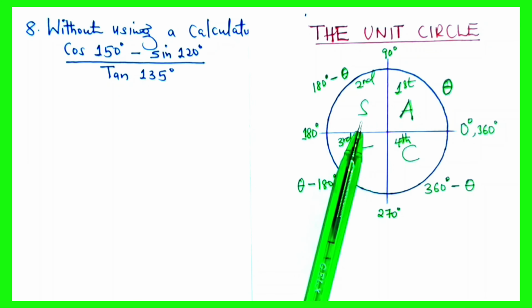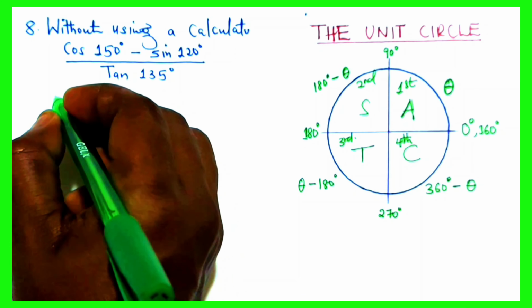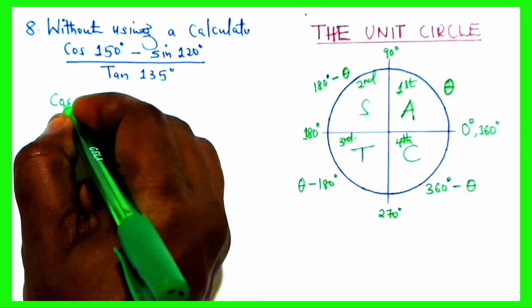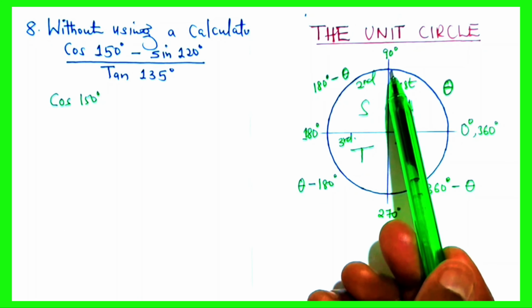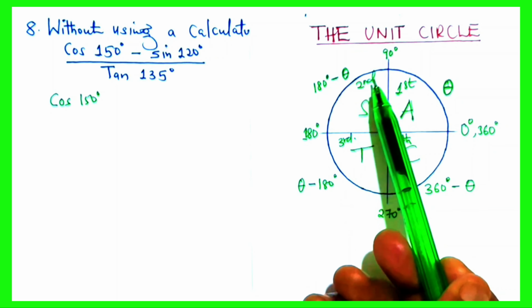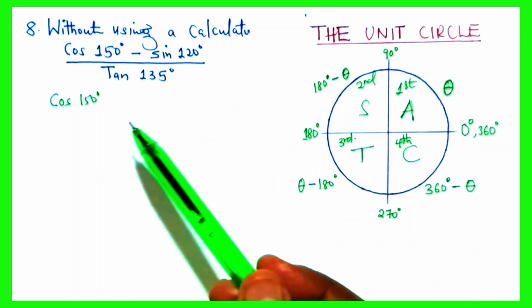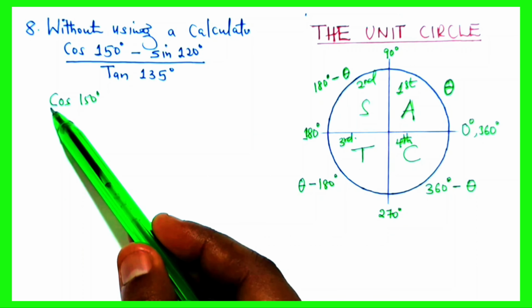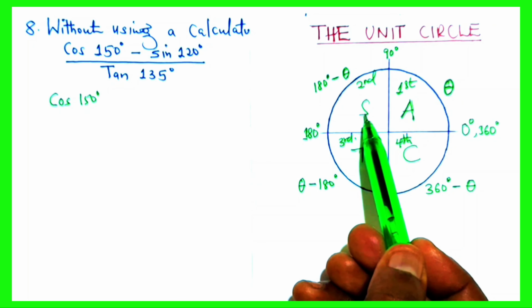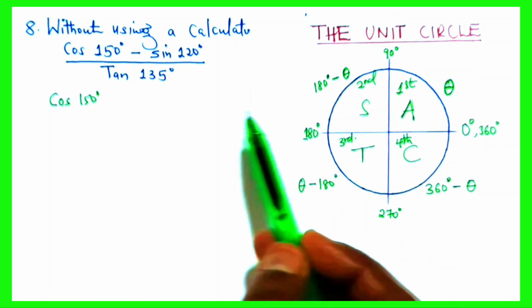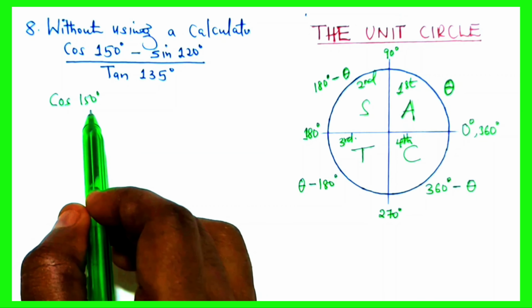Considering the unit square for the cos of 150 degrees here, we know that 150 degrees will lie in the second quadrant, but since you are being told it is the cosine of this angle, it is the sine only in the second quadrant that is positive, so the cosine of this angle will be negative.